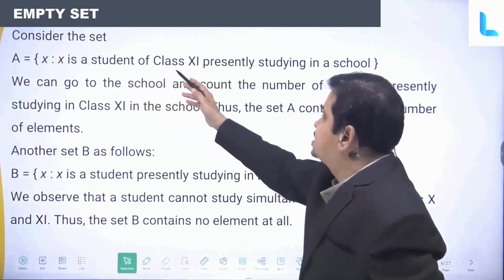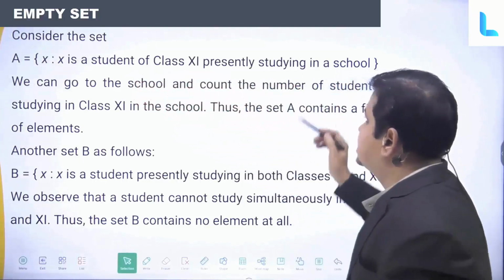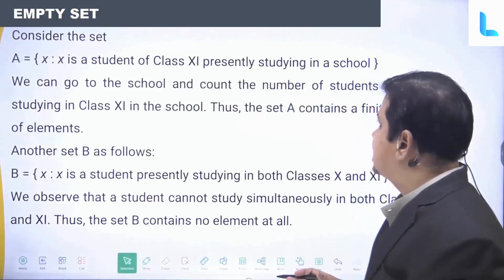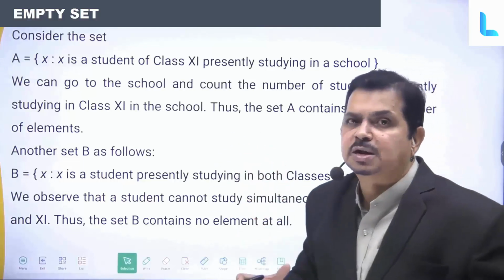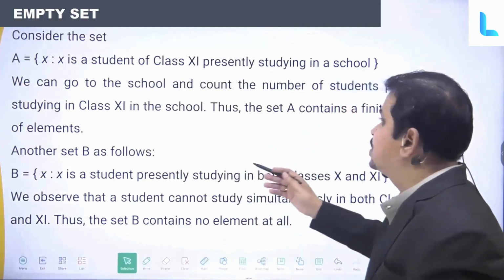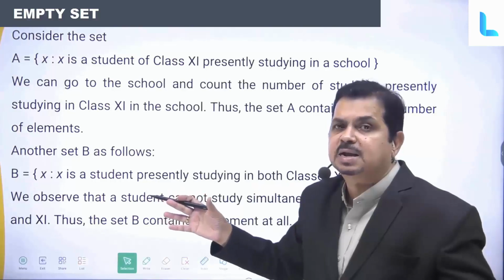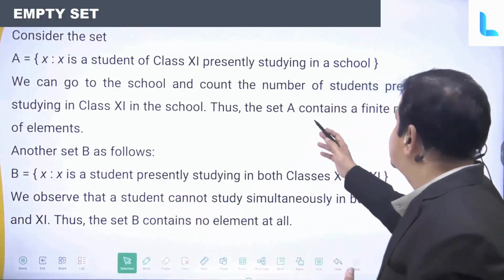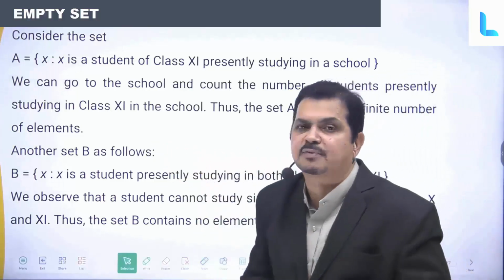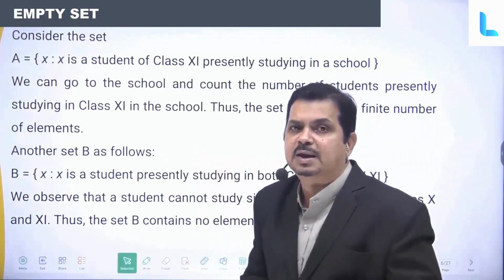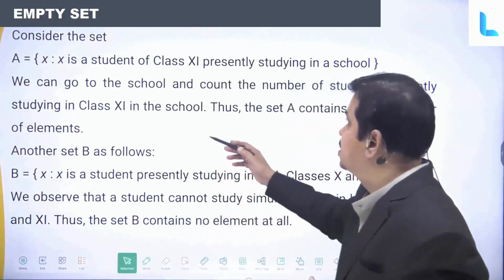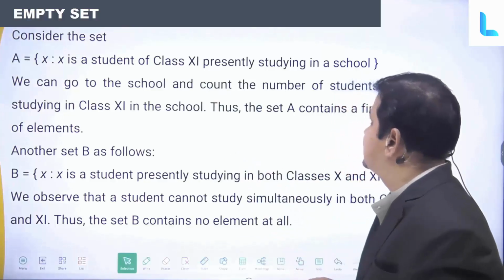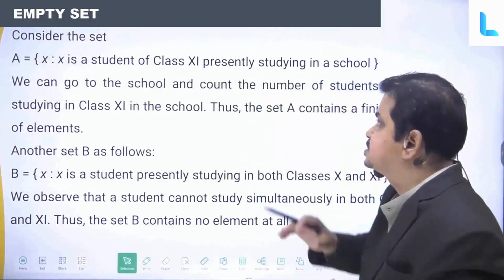Now we can clearly tell that we can go to the school and count the number of students presently studying in class 11, so that we get a finite number of elements, and therefore the set A contains a finite number of elements. How can we tell it is finite? Because we can go to the school and count how many students are there in class 11 who are studying in this particular school.